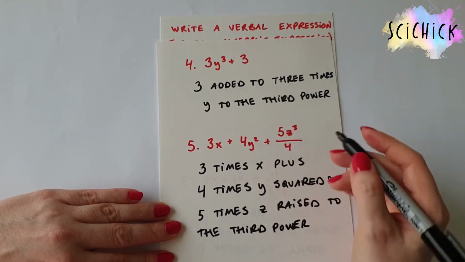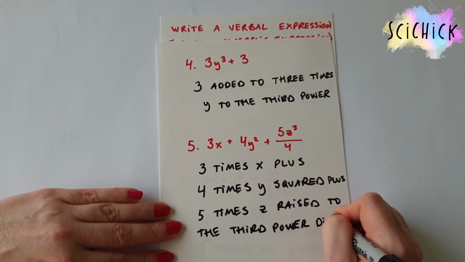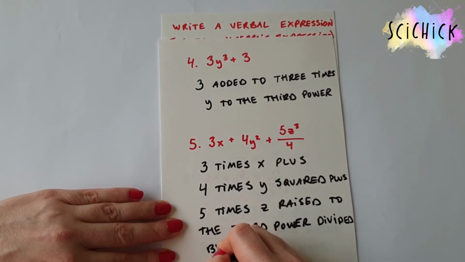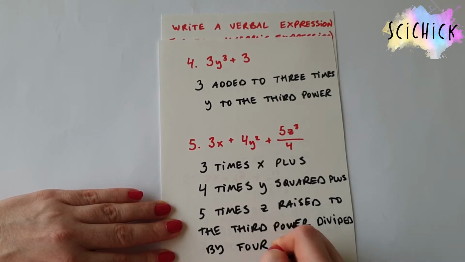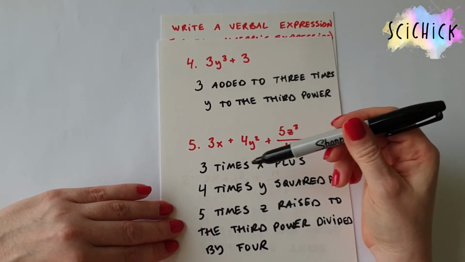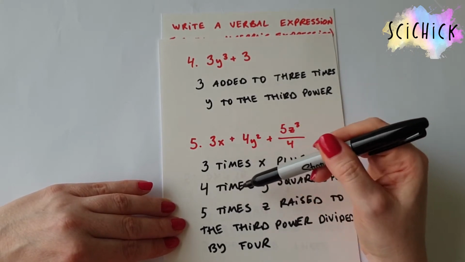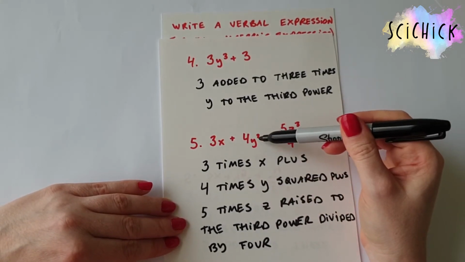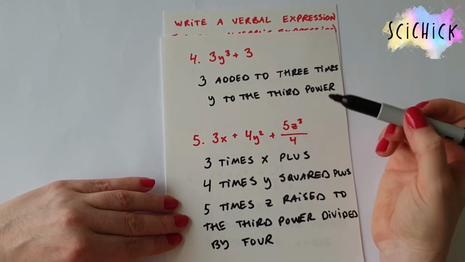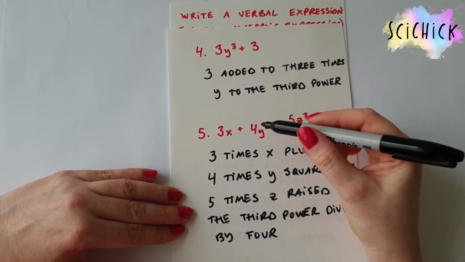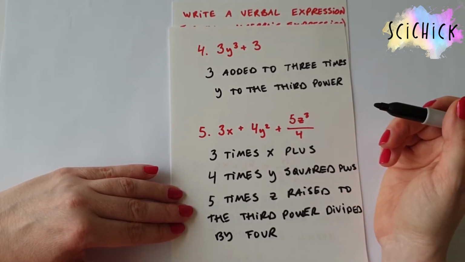Now we have half of it. And what's it divided by? Divided by 4. Okay. 3 times x, yes, plus, there's a plus here. 4 times y squared, that's the 2, yeah. It's more normal to say squared than to say y raised to the second power. That would be weird to say.